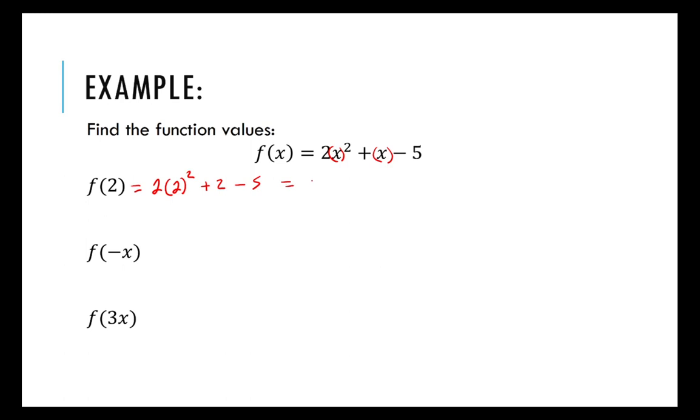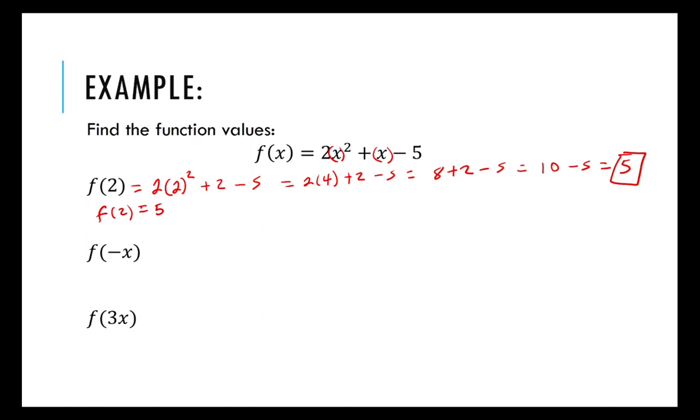Well, 2 squared is 4. So this is 2 times 4 plus 2 minus 5, which is 8 plus 2 minus 5, which is 10 minus 5, and 5. So that is the value of f of 2, and you can write f of 2 is equal to 5.